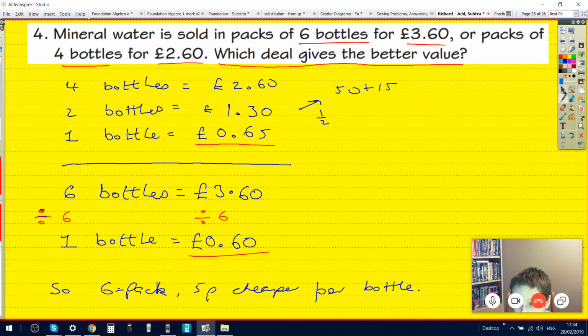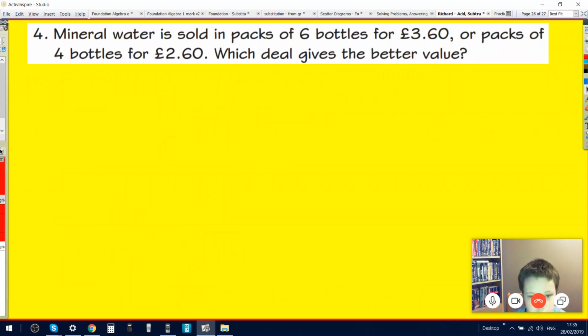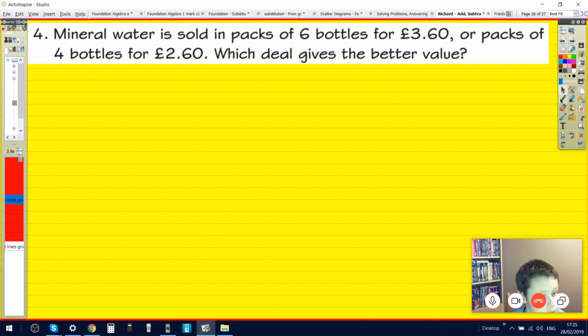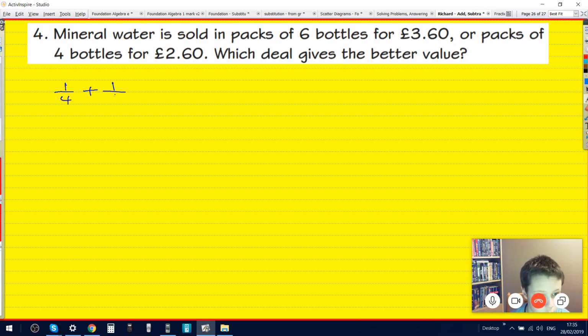You can compare one for one, so find the price of one bottle for each. I just want to show you a different way. How would you do 1/4 plus 1/6? Well, first of all, you need to make the denominator the same.